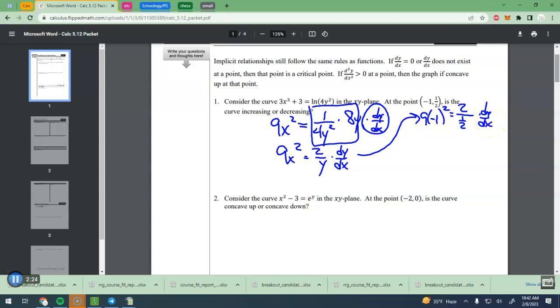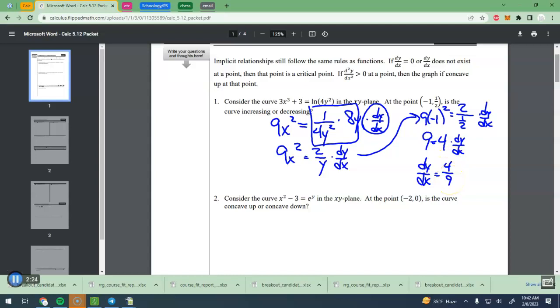I don't even really care what the number is, but we can find this. So negative 1 squared is 1 times 9. And then 2 divided by a half, so how many times does a half go into 2? 4 times. Or you can think about it as multiplying by the reciprocal. And then if I divide, I will get that dy dx equals 4/9.